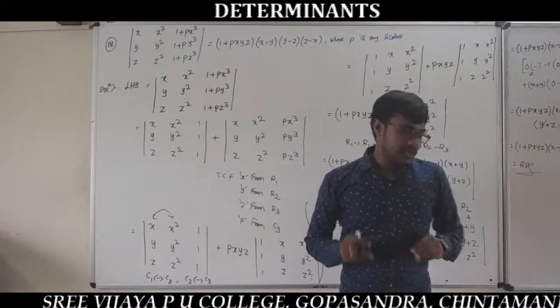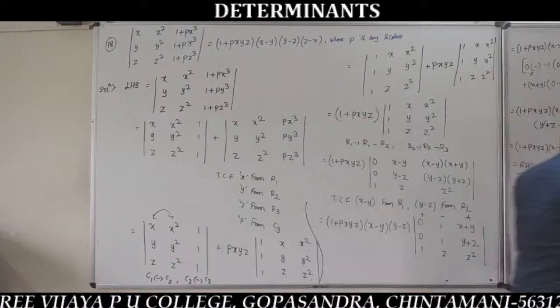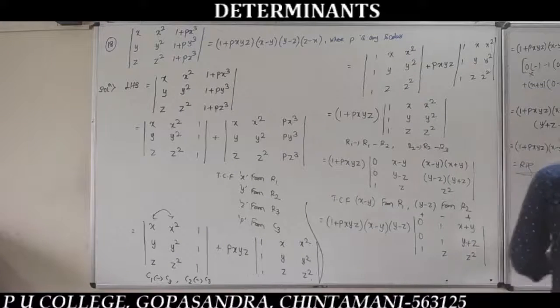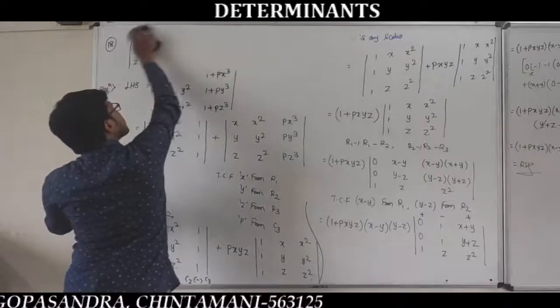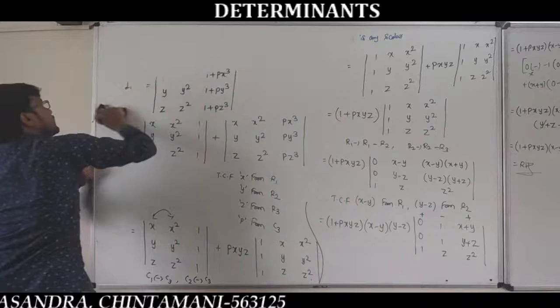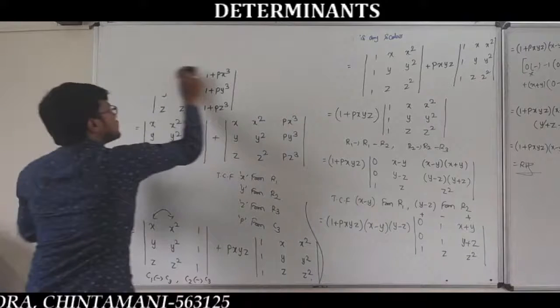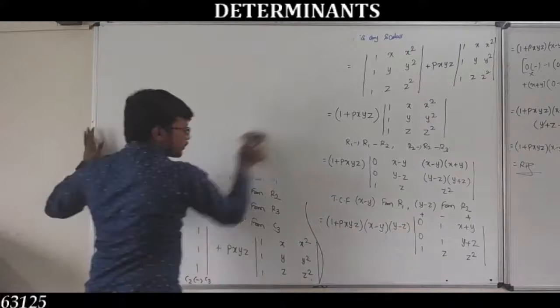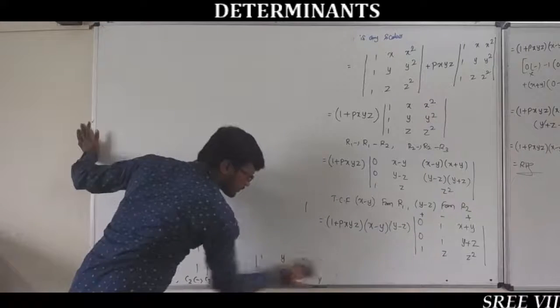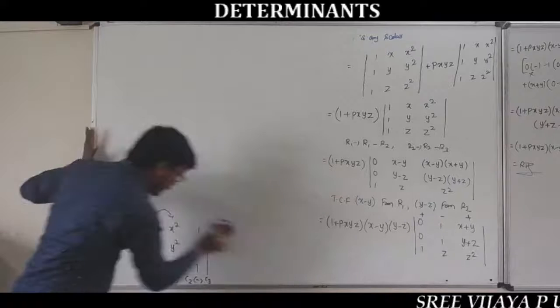Okay. So next concept is about area of triangle. So you know about area of triangle? So in the 9th standard you studied the area of triangle is half into base into height, or by using Heron's formula, root of s into s minus a into s minus b into s minus c.